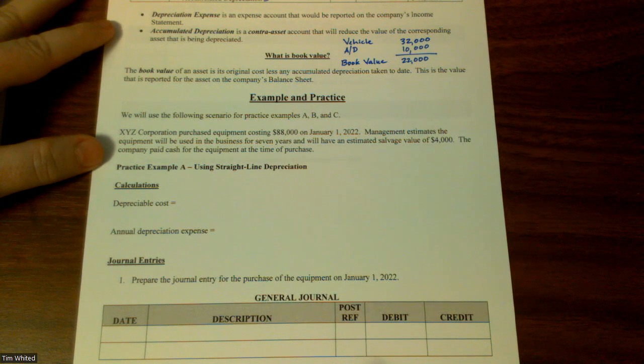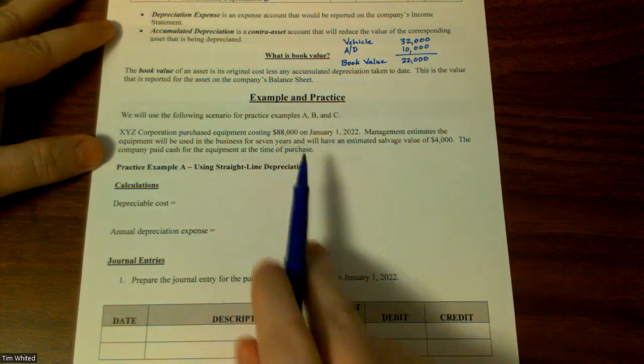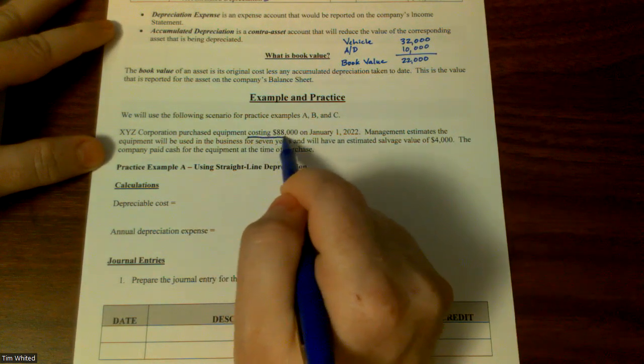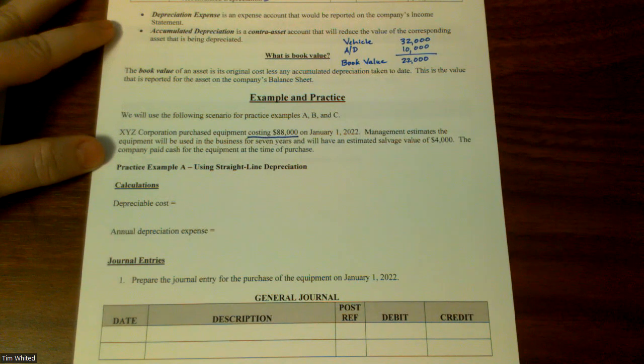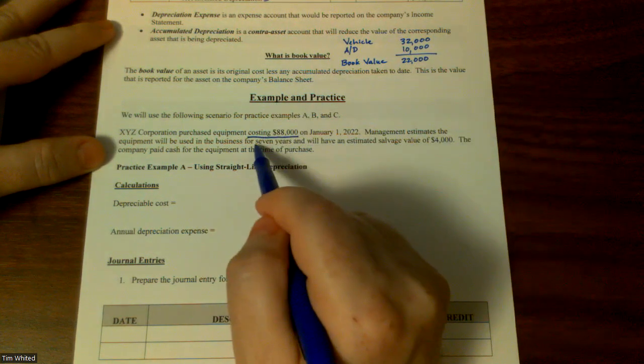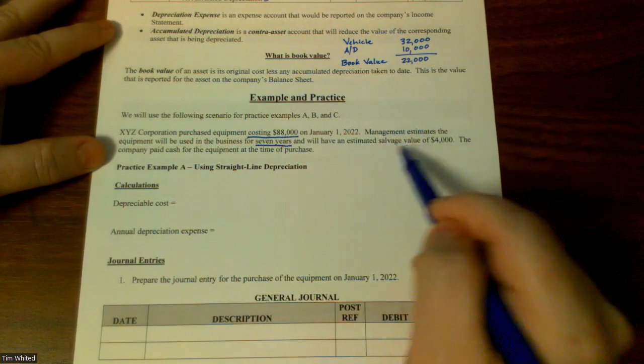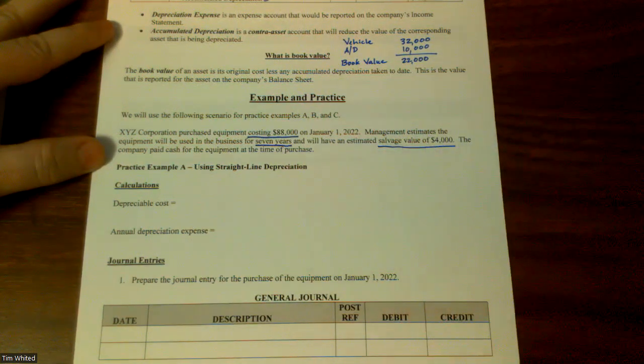Now, can you identify the 3 elements that we need to calculate the depreciation in this scenario? Well, we know the cost, we know the useful life, and we know the salvage value.